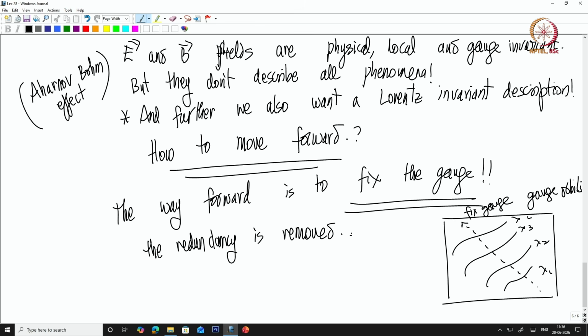And then you can quantize it. So, the way forward is to fix the gauge essentially, that is the basic idea.